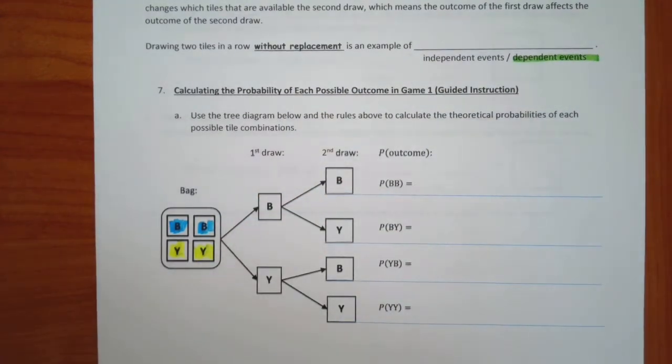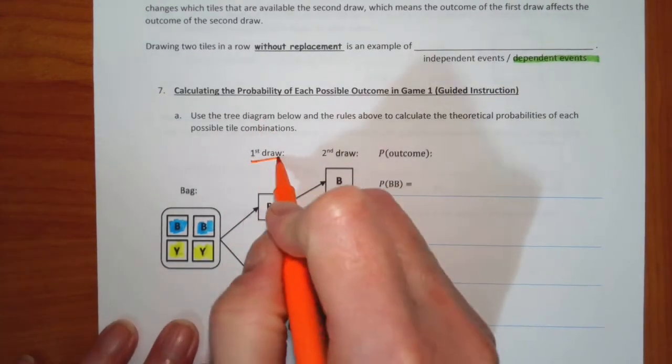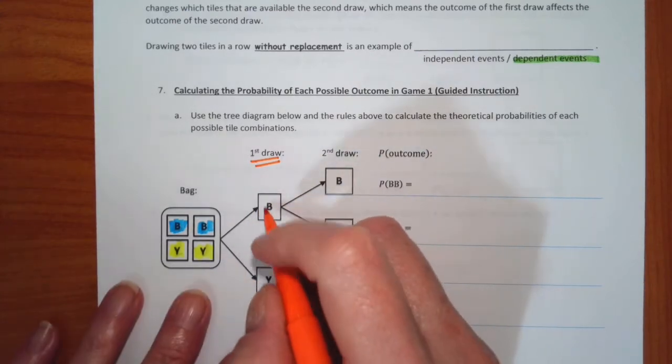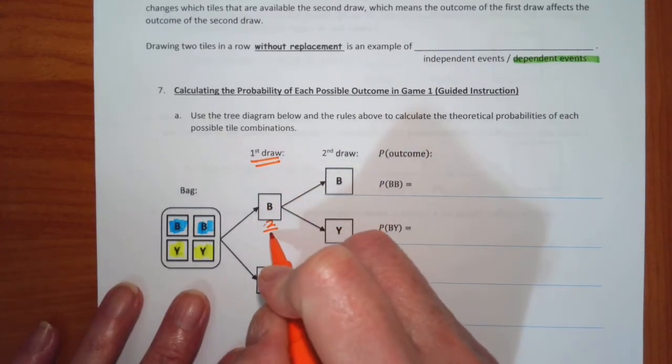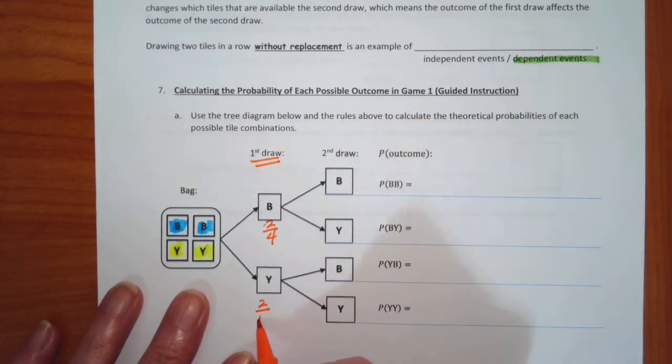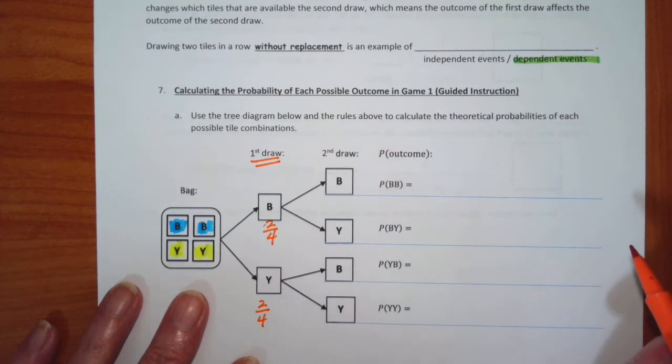So for the first draw, there are 2 out of 4 possibilities for a blue and 2 out of 4 possibilities for a yellow.